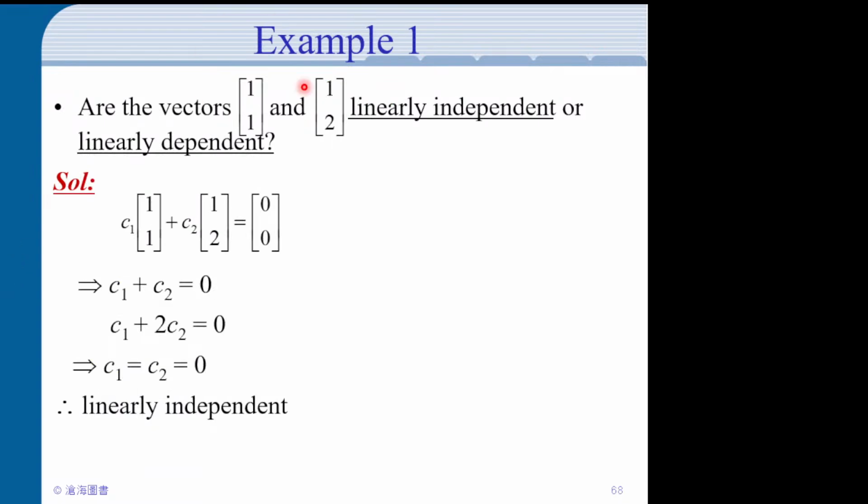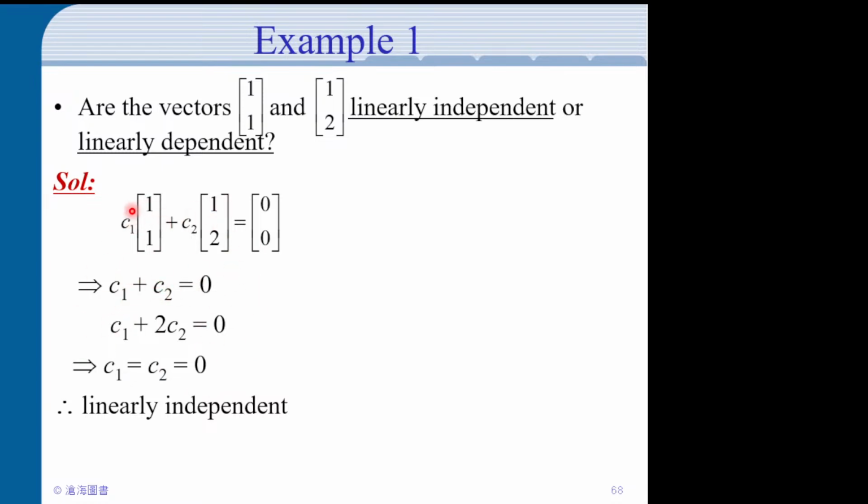Okay, so let's see some examples. Take vector (1, 1) and vector (1, 2), and we want to see whether they are linearly independent or linearly dependent. As I said, we want to check the equation c1 x1 plus c2 x2 equals 0. We brute force solve this and write down the equations, so once again we get a linear system.